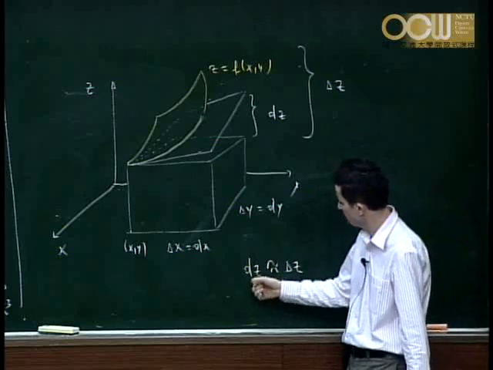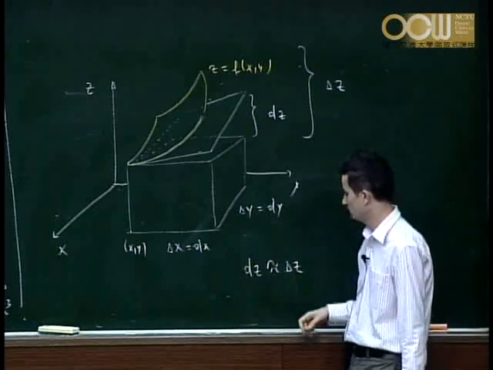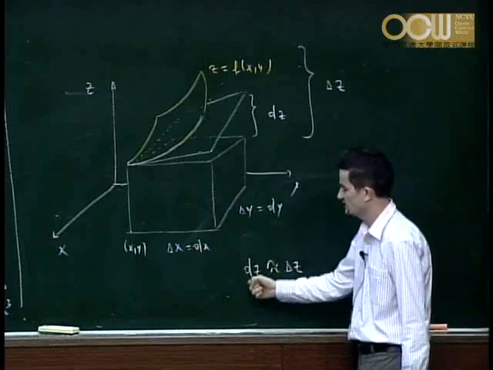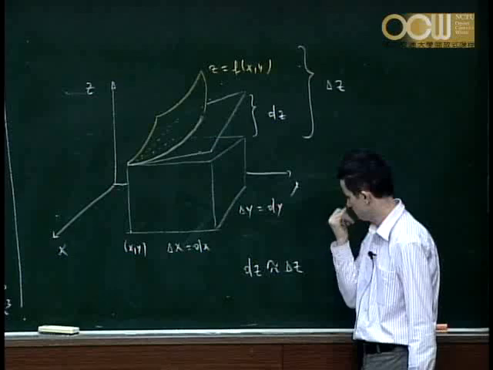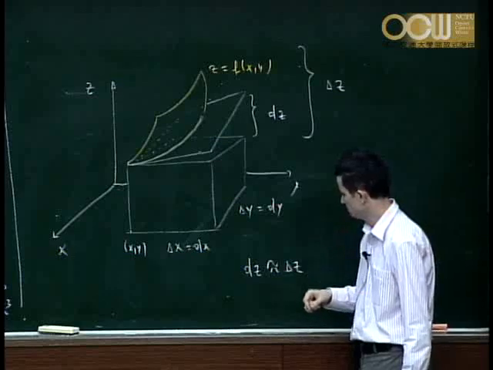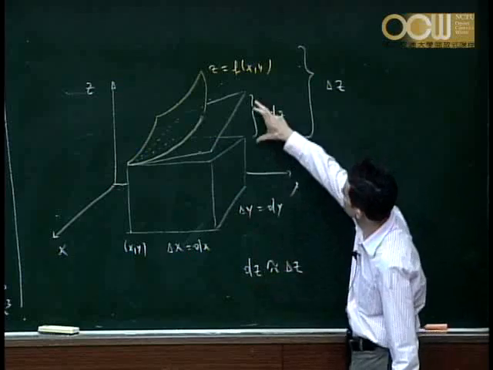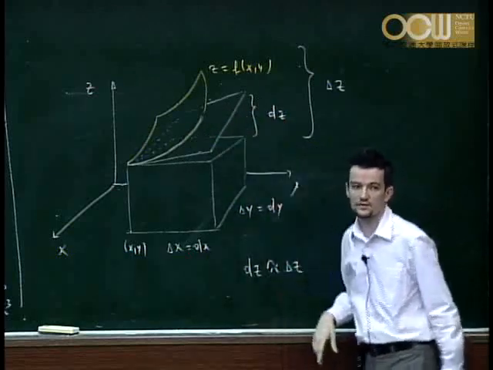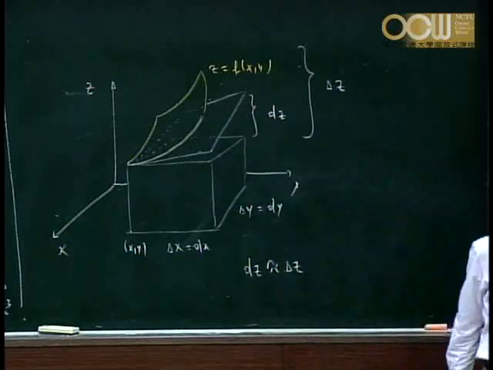This involves the tangent plane, and this involves the original function, and you just replace the original function by a tangent plane, and you use the difference to approximate the difference in the function values.